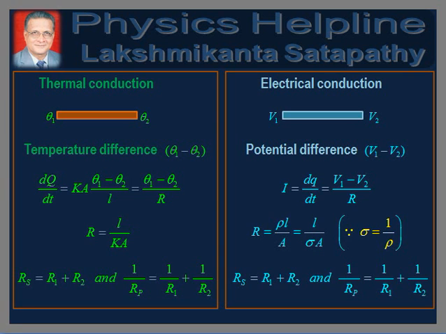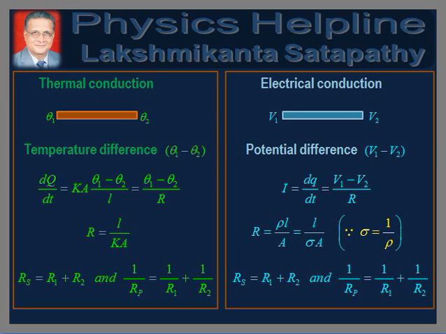Now, dQ by dt is equal to KA into theta 1 minus theta 2 divided by L. We can put it as equal to theta 1 minus theta 2 divided by R by defining thermal resistance R is equal to L divided by KA.